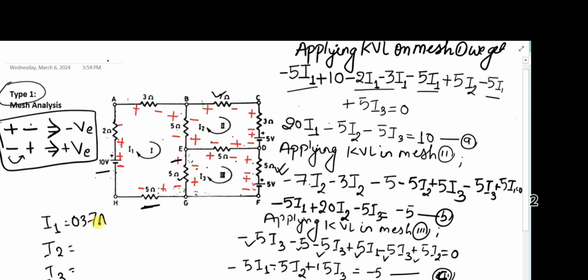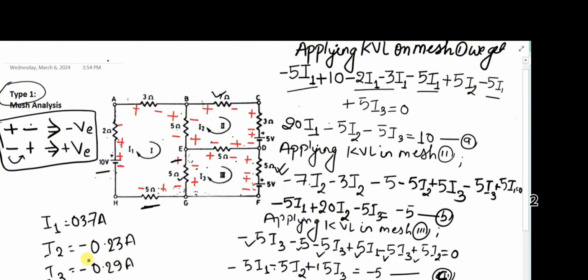The value of I1 will be 0.37 ampere. The value of I2 will be minus 0.23 ampere, and the value of I3 will be minus 0.29 ampere.